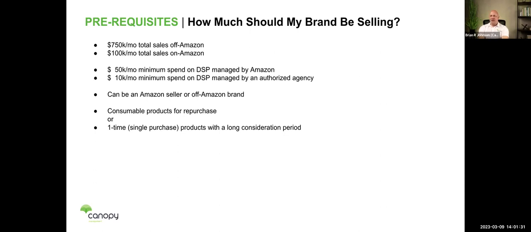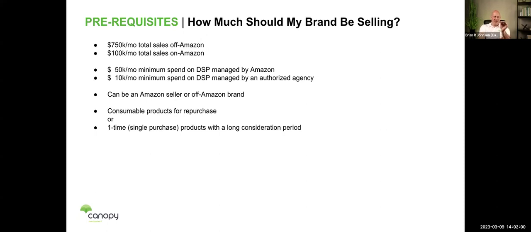From a TACoS standpoint, I usually recommend 10 to 12%. That's usually what we target to get our clients, our partners, to: about a 10 to 12% TACoS, meaning if you've got $10,000 in ad spend, then you should probably have, well, I guess it would be $88,000 to $100,000 in total sales.